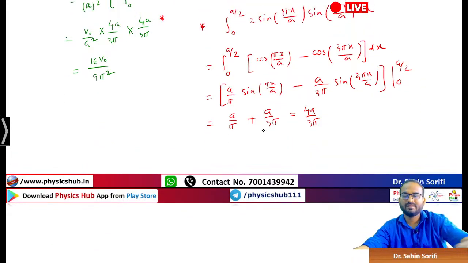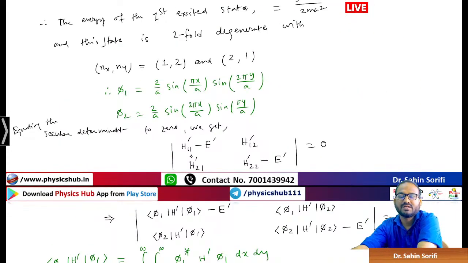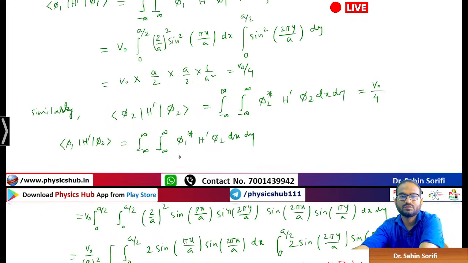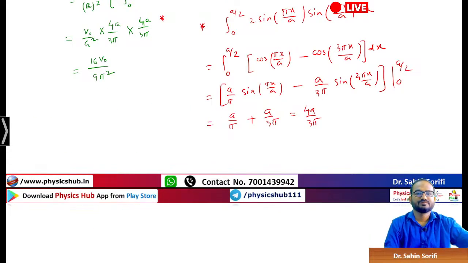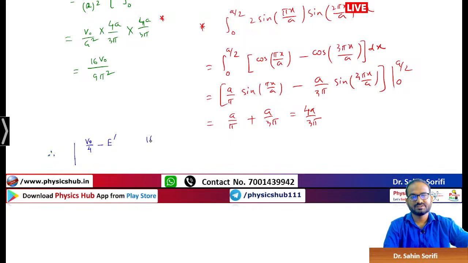Now we got all the values of the matrix: h11 prime, h12 prime, h21 prime, h22 prime. So let's put them. Therefore the matrix becomes h11 prime, we have got V naught by 4 minus e prime, h12 prime 16 V naught by 9 pi square, h21 here also 16 V naught by 9 pi square, and here V naught by 4 minus e prime, this is equal to 0.